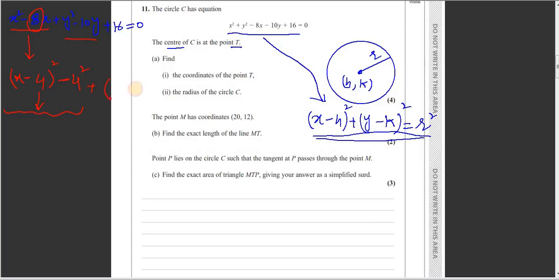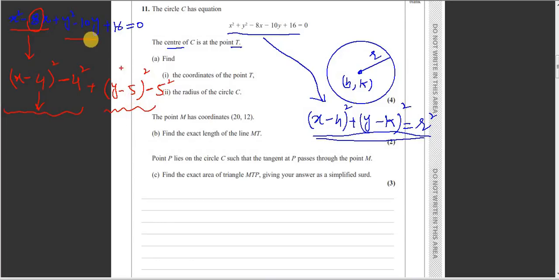I just write a bracket and then y. In between we have a minus sign, so minus, and here half of the coefficient of y, which is 5, and then a square. But again, for compensation, I need to subtract the square of 5. So this is the complete step of completing the square of the y term.